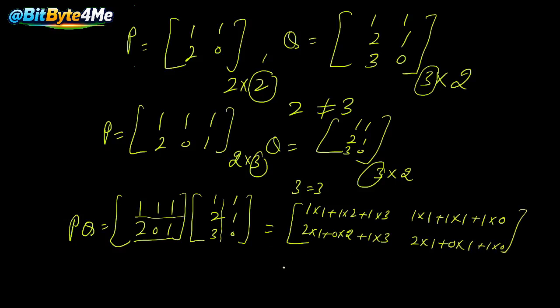So just calculate this. This will be 1 plus 2 plus 3. Then 1 plus 1 plus 0. Then 2 plus 0 plus 3. Then 2 plus 0 plus 0.